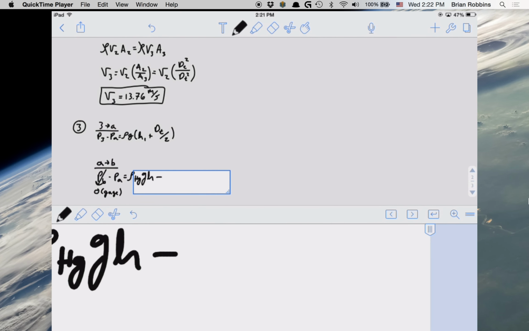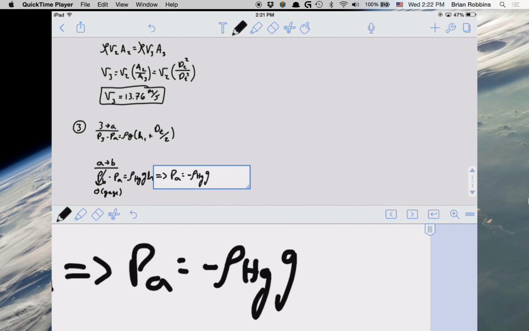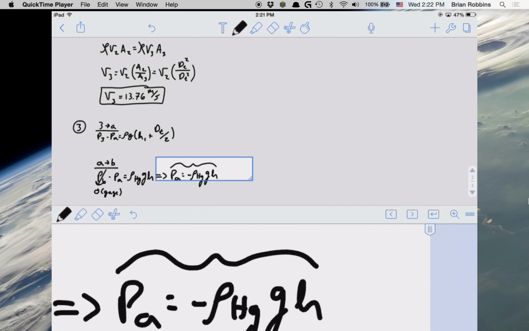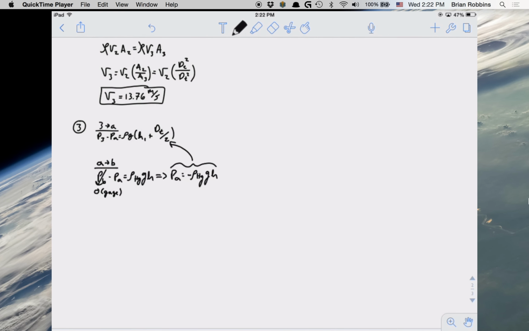And what this tells us is that the pressure at A is just equal to minus the density of mercury times gravity times height. Okay. So now what we can do is take this expression and plug it into our expression up here for P3 minus PA.